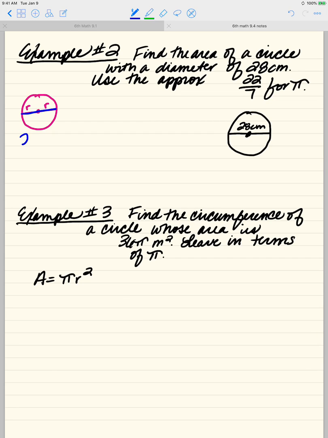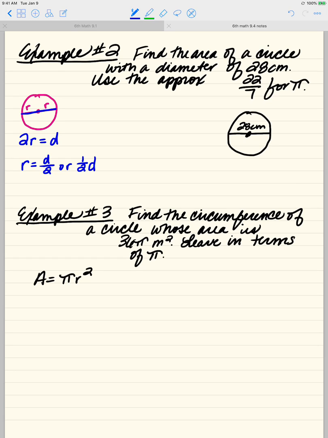So 2 times the radius gives us the diameter of a circle, which means the radius is equal to the diameter divided by 2, or another way to think about that is 1/2 times the diameter.